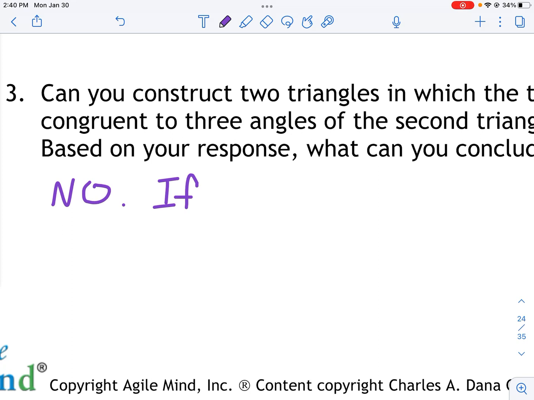We can say this. We're going to have a little bit of writing to do. We can say, no, it's impossible, right?